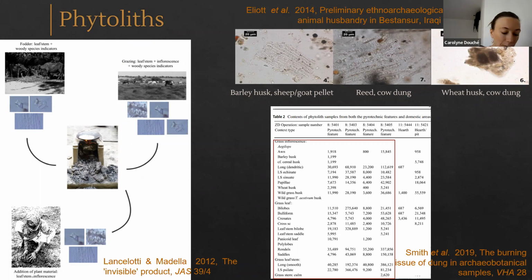Experimental work carried out in Gujarat by Carla Lancelotti and Marco Madella indicates that dung from buffaloes provides the highest amount of phytoliths. And then the dung from cattle also provides phytoliths, but a bit less compared to buffaloes.